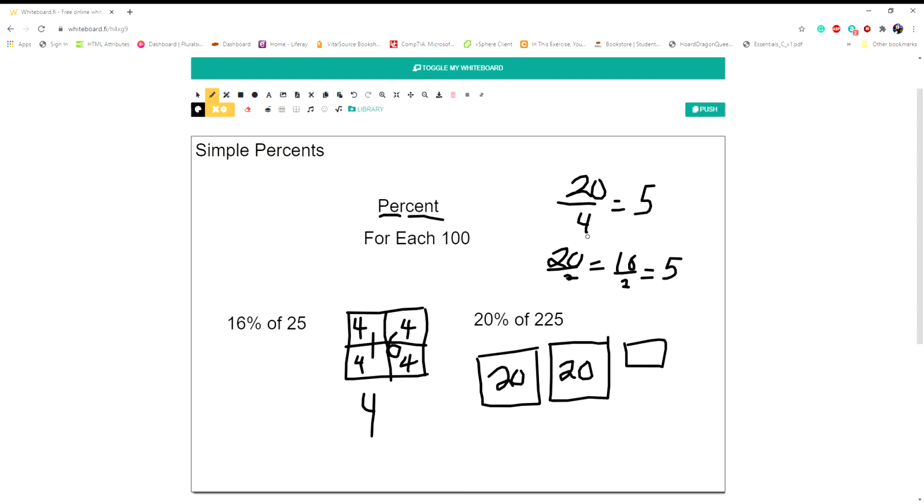There are 2 ways to approach it. Whichever way works for you is the best. So we know a quarter of 20 is 5. Then I can add all these up. 20 plus 20 is 40, plus 5 is 45. And these are how you can solve simple percents. Hopefully this makes more sense. We're going to clarify it in class when we work together. See you soon.